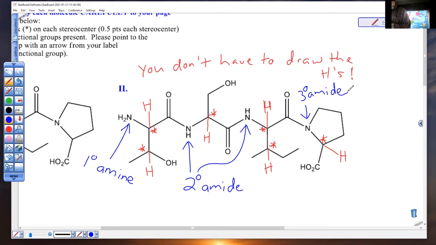And we have an alcohol here. There's an OH here and an OH down here. This OH is attached to a carbon right here that's not a carbonyl. So this is an alcohol. Now you also need a classification for alcohols with a number in front and a degree sign.